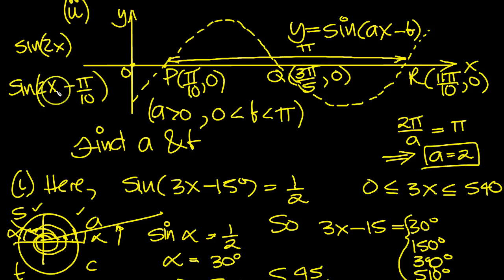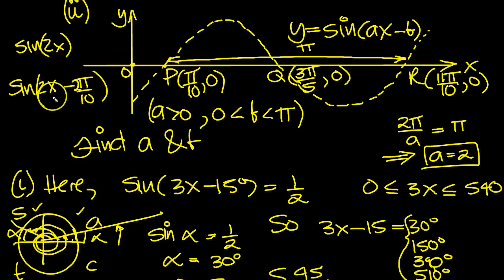So when x is pi over 10, we get 2 pi over 10, which is not going to be right. So this needs to be 2 pi over 10. When x is pi over 10, we'll get 2 pi over 10 minus 2 pi over 10, and that's 0. So that's the value then, because we've got the 0 value. We know that sine 2x, when x is 0, is 0, but it's shifted here, and this occurs when x is pi over 10.